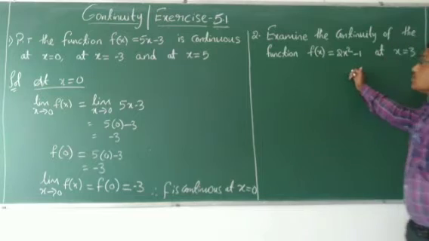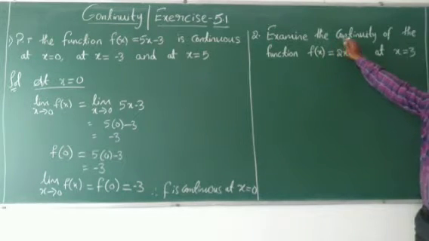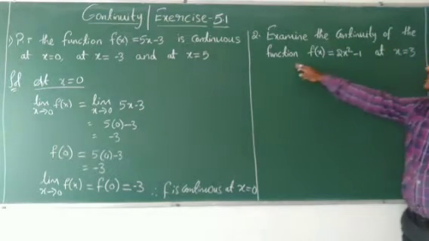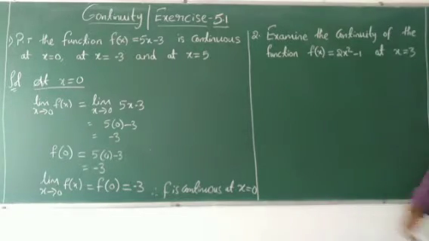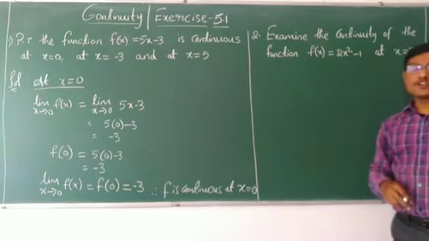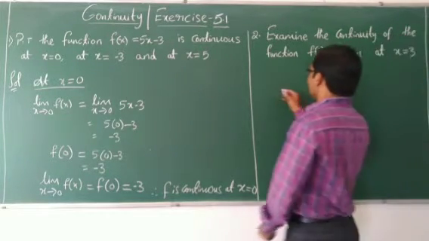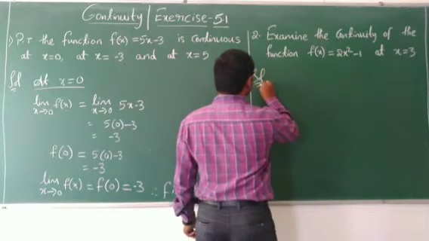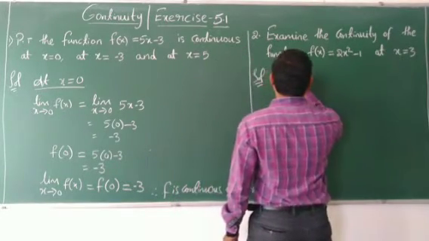Let's come to the second question. Examine the continuity of the function f of x equal to 2x square minus 1 at x equal to 3. Here also one specific point only is given. So here also we do in the same way.